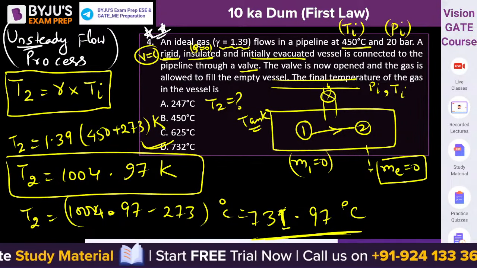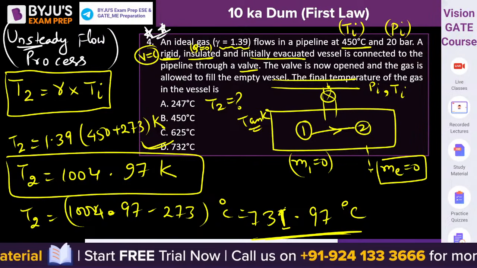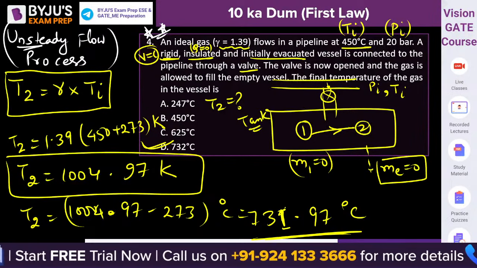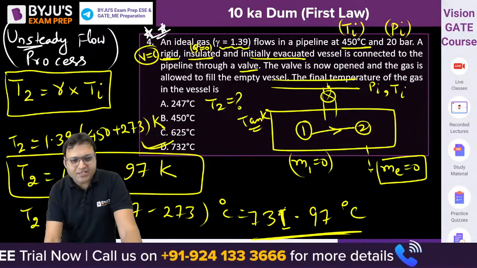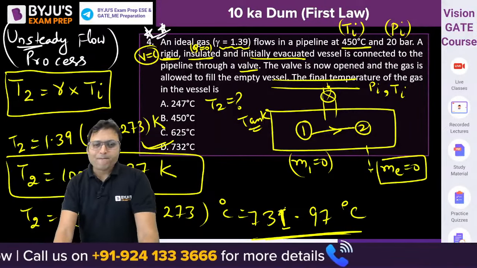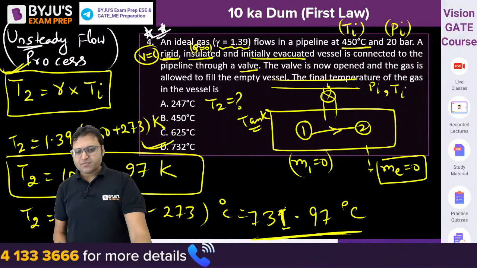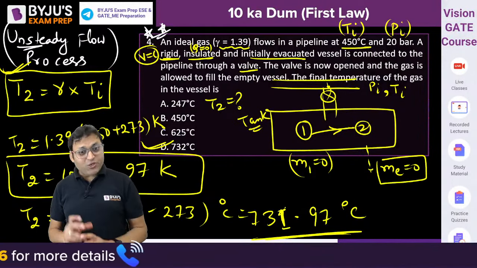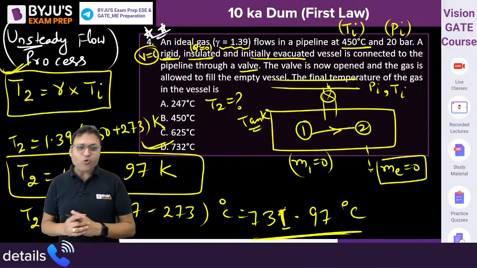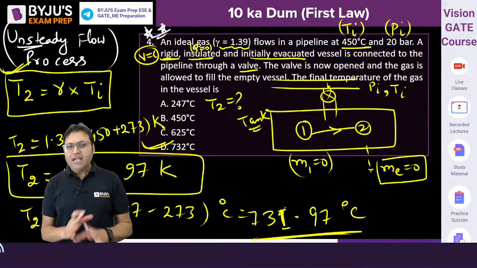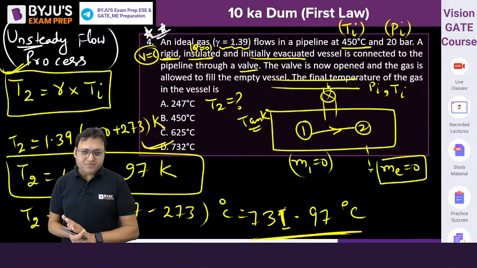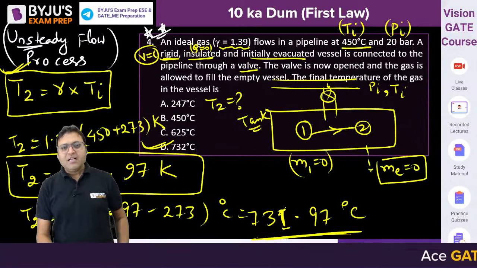But raise your hand, how many of you know how to get this expression? Those who know how to get this standard expression, please raise your hand. Because if I make some minute changes in the question, this formula will not work.